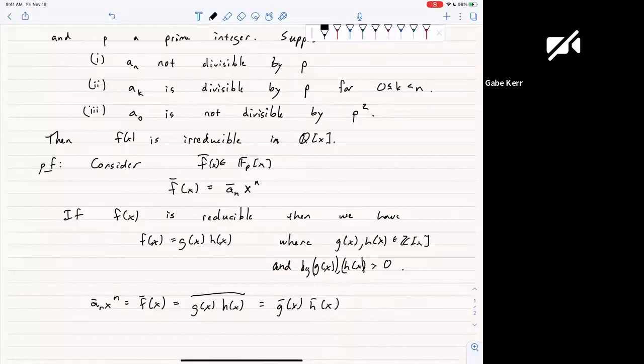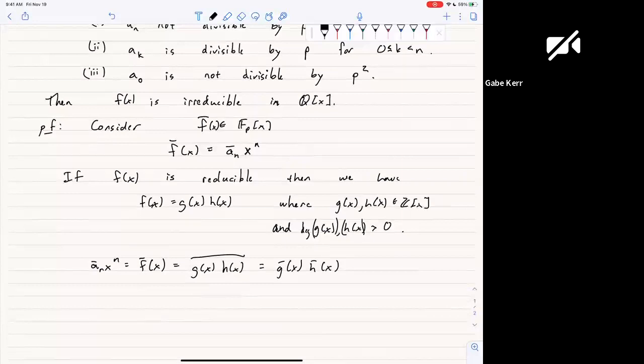Now the degrees of G and H add up to n. But because a_n is not 0 mod P, the degrees of G bar and H bar must add up to n. So these are both also non-constant polynomials here.